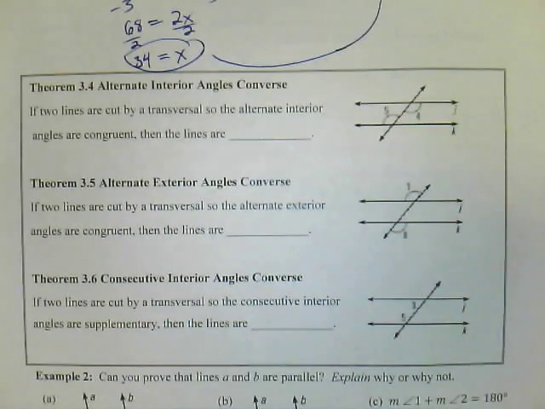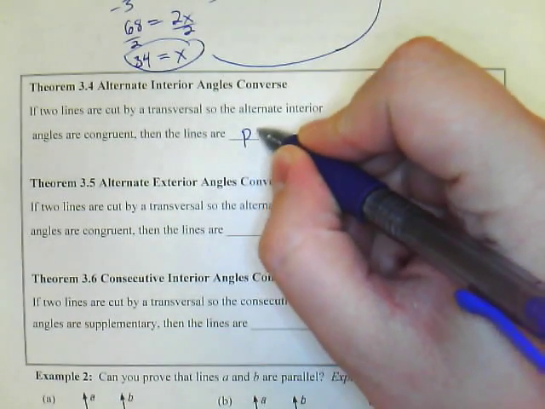All right, 3.4, alternate interior angles converse. The regular theorem about alternate interior angles is that if you have two parallel lines, then alternate interior angles are congruent. This is the converse, so we flip that around: if we have alternate interior angles that are congruent, then the lines must be parallel.